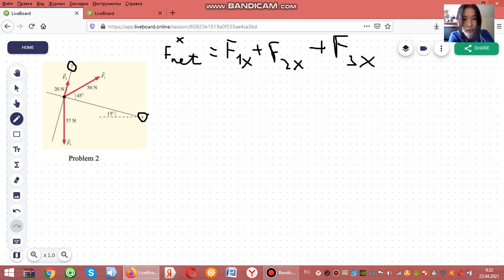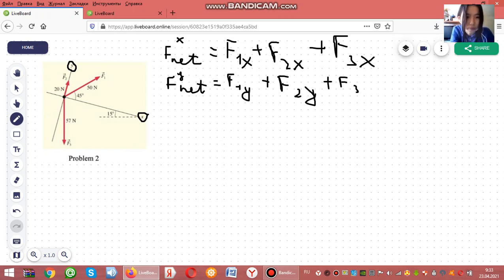And let's write also net force, but for y axis. So F net y equal to F1 y plus F2 y and plus F3 y. Okay, I write.